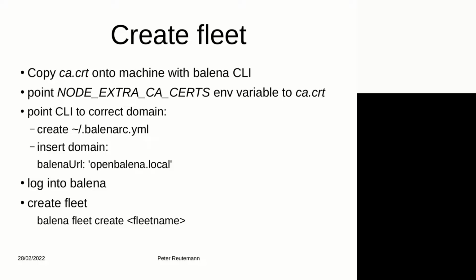So Node.js says, nah, I'm not doing it. Once you get around all these problems, you can log in from the command line into the backend server. And that allows you to create your first fleet, which is a simple command, balena fleet create, and you give it a name. And that's that. That's the grouping for these devices that you will then provision.